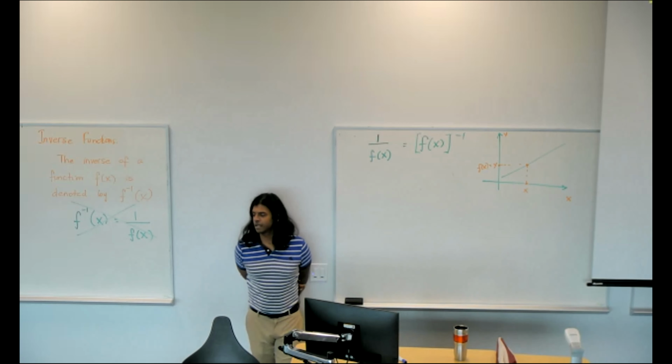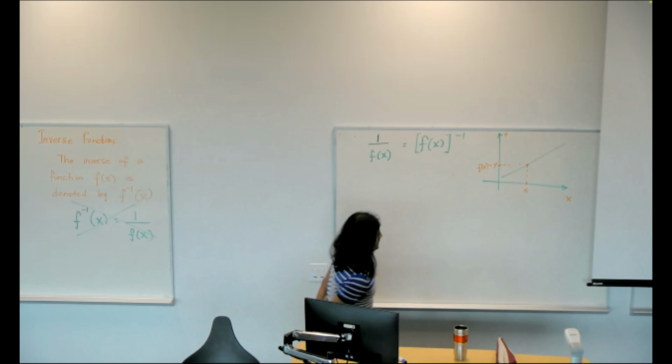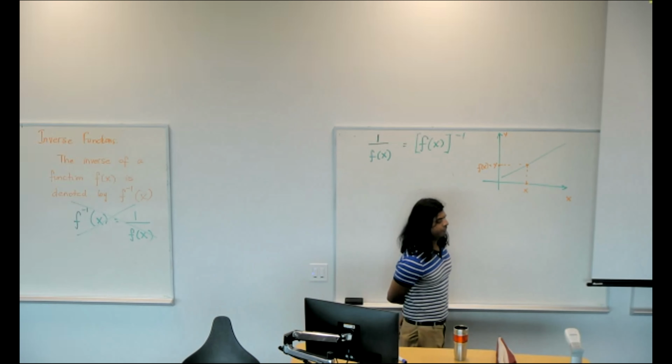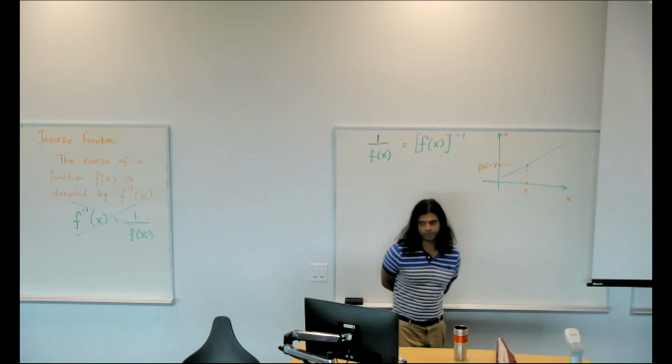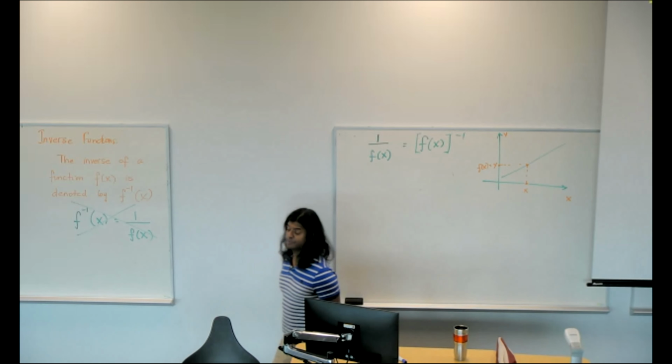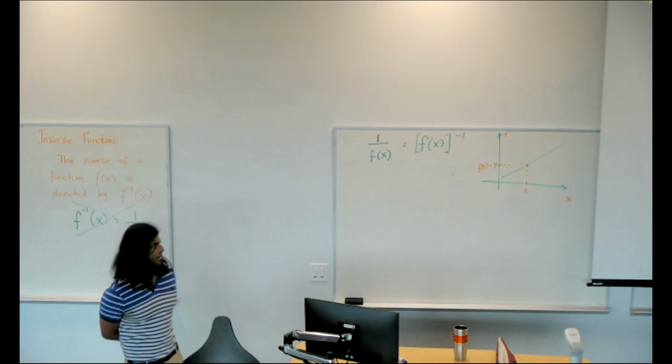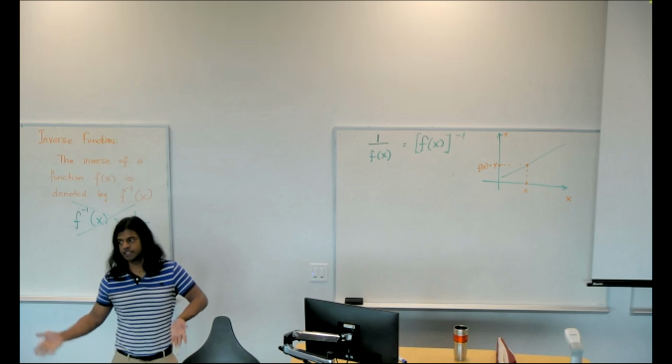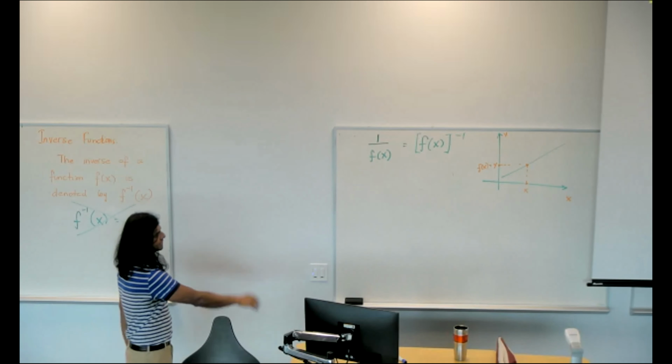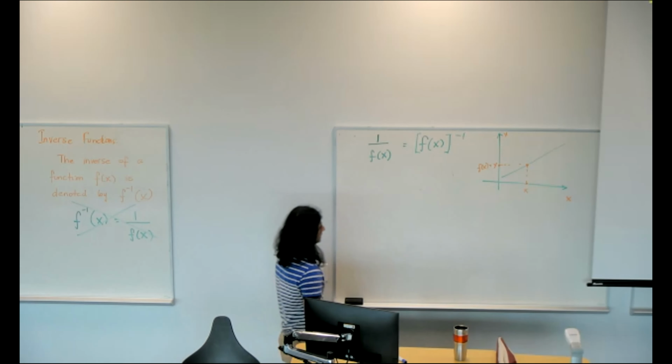So, if you pick a value x, we get a corresponding value y by plugging it into a function. In this case, that function is linear. So we have a linear function, a straight line.